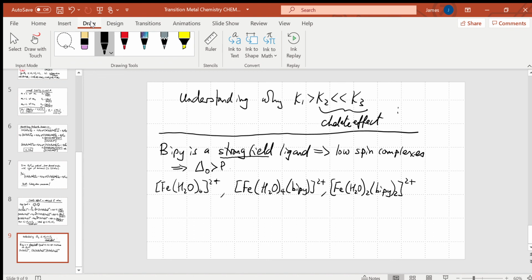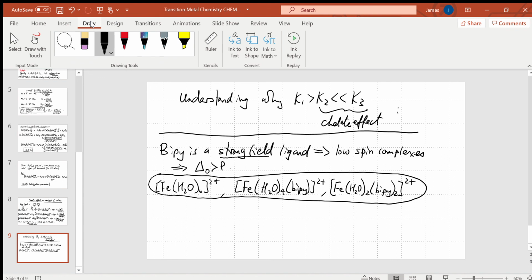Well, these are all high spin complexes. So these are all high spin complexes, and recall that this was where K1 sat and this is where K2 sat.